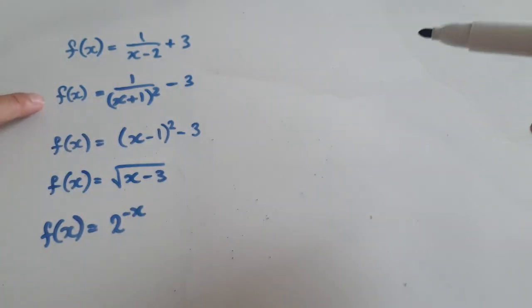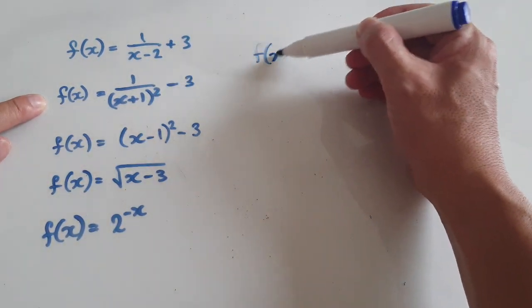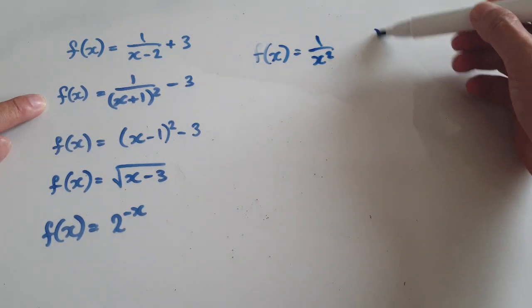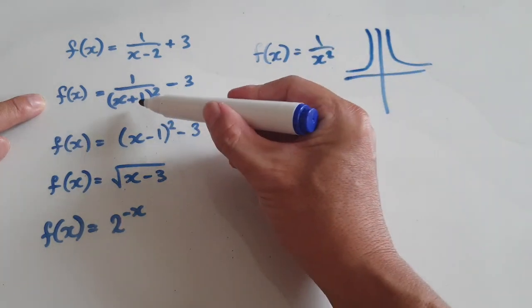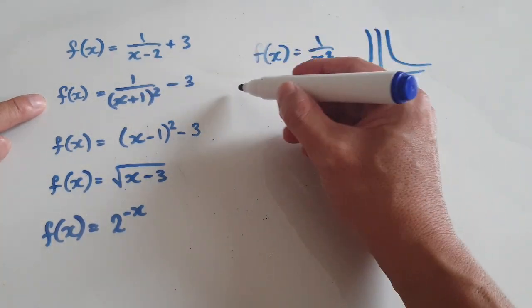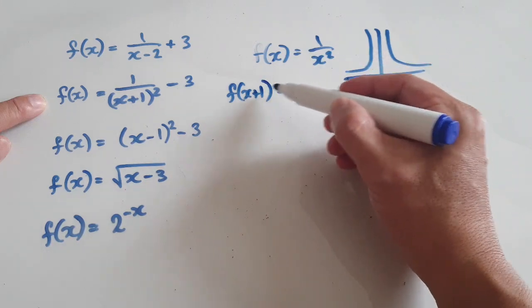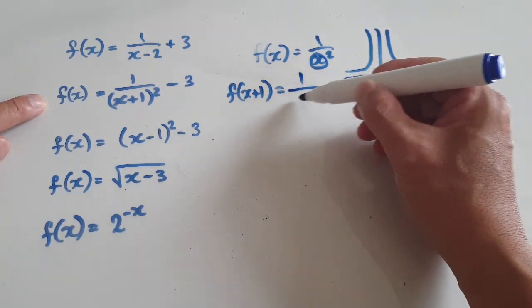So let's look at this one here. See the x squared, so start out with f of x equals 1 over x squared. That would look like this. Now move it across by 1, so f of x plus 1. That means you've got to put this into the x only.